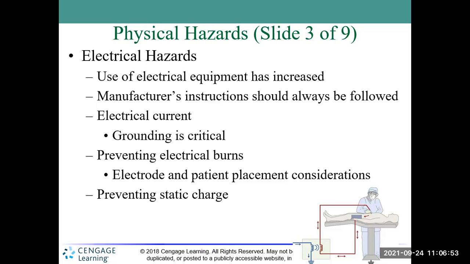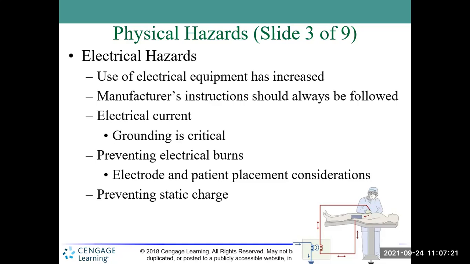Because that Bovie pen can quickly start a fire when it makes contact with the drapes, okay? So if you remember how those drapes feel, they're like paper and plastic kind of all embedded into one. Quick way to start a fire. So that is why it's important that your Bovie case is really handy for the surgeon to just drop that Bovie pen back in that case.